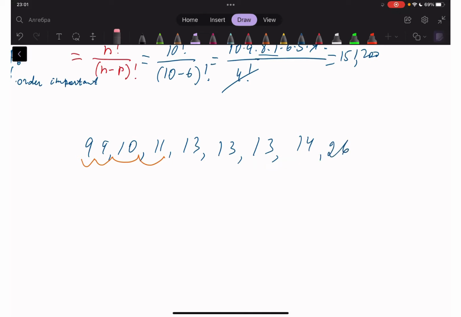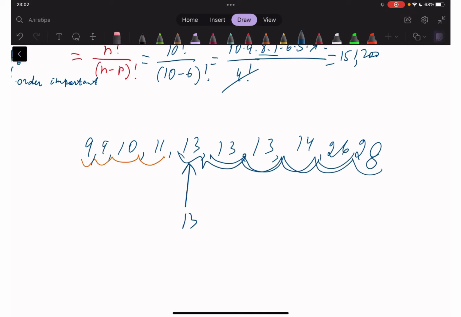When it's odd, then 1, 2, 3, 4, middle position. It's going to be 13. Then the median is 13. But if I would have one more, 28, then it's 1, 2, 3, 4, and these two, the average is going to be 13 plus 13 divided by 2. And that will be the median, okay?